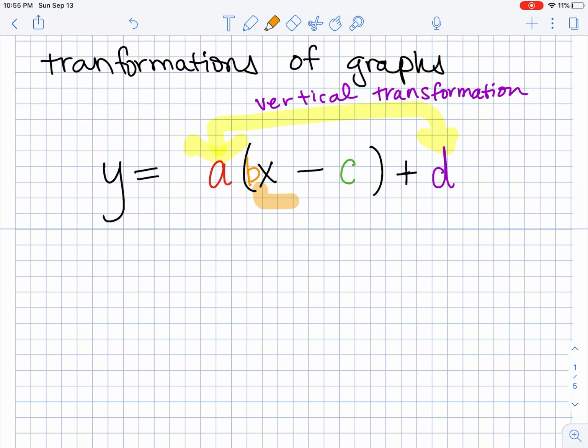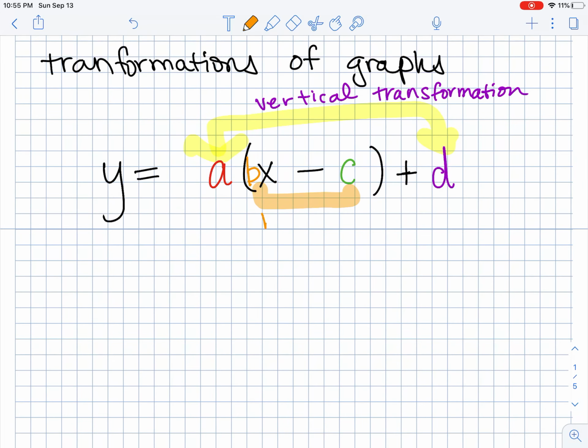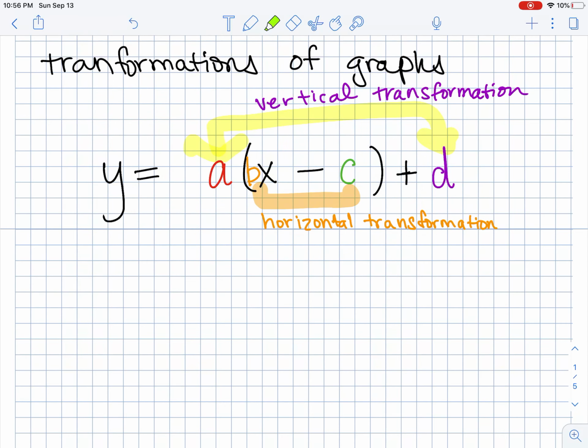Now, inside the parentheses affects the graph horizontally. Okay, so if we see a coefficient inside the parentheses, we know it is horizontal. Okay, now here's the other layer that we do.